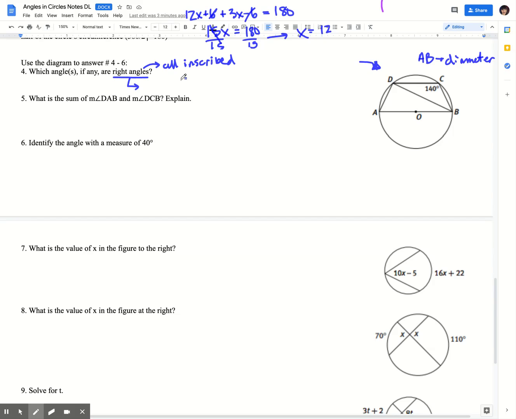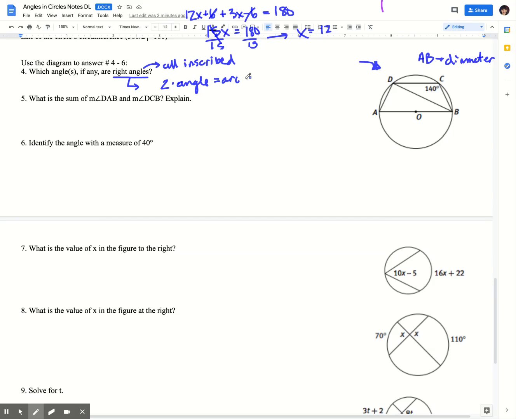Okay, so if I want my angle to be 90, then that means it has to intercept an arc that is 180 degrees. Because if you recall, the rule is 2 times the angle has to equal the arc.